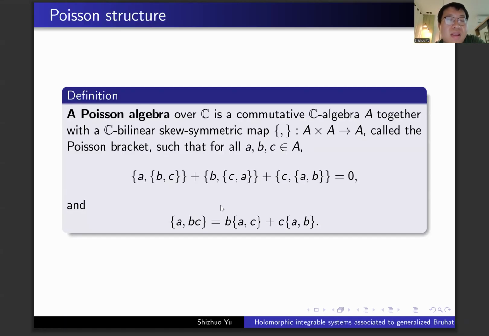First, let me do a review on Poisson geometry. First, Poisson algebra, and today's talk is over C. It is a commutative complex algebra A, together with a skew-symmetric map, the so-called Poisson bracket, such that it is a bi-derivation and satisfies the Leibniz rule.